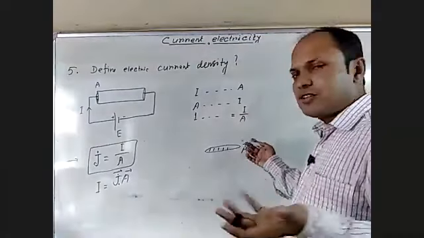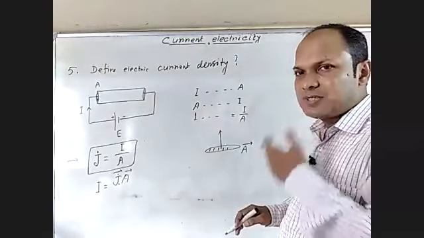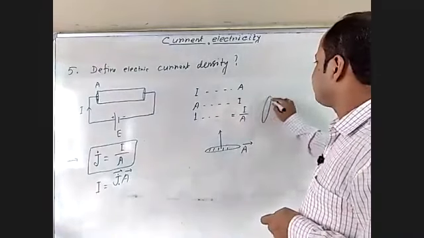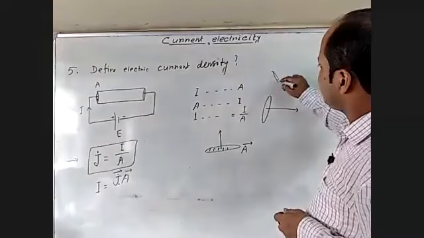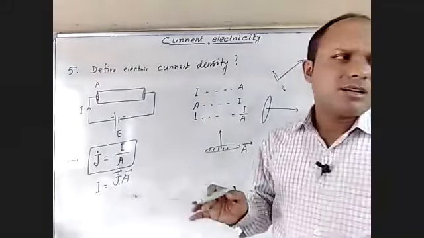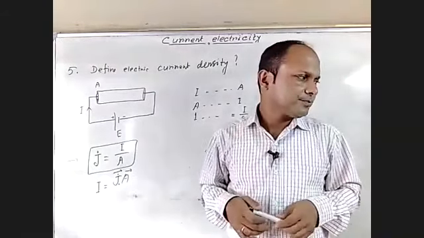And what is the direction of that? The perpendicular to this plane is the direction of the area. So area is not a scalar now. This is a vector quantity.